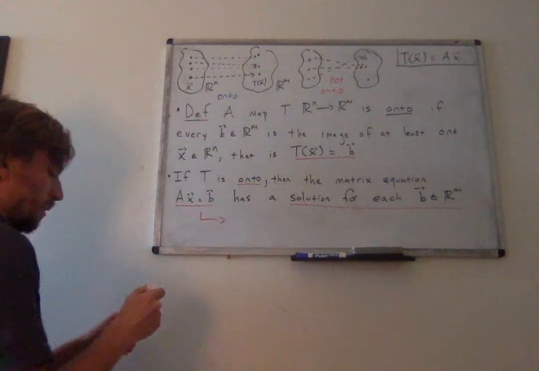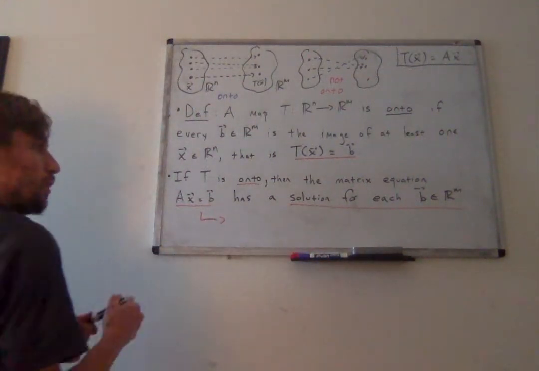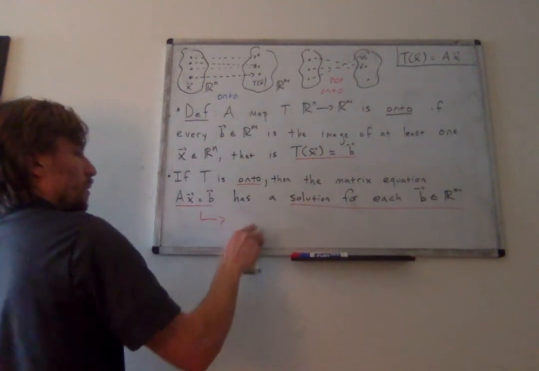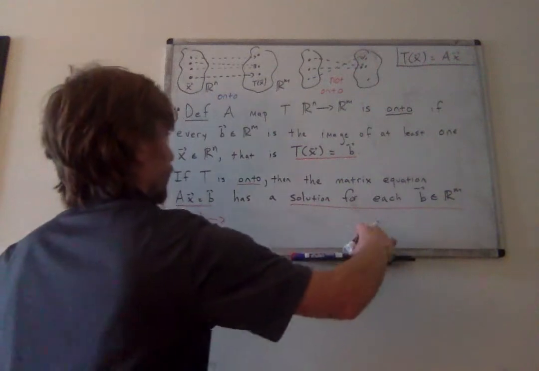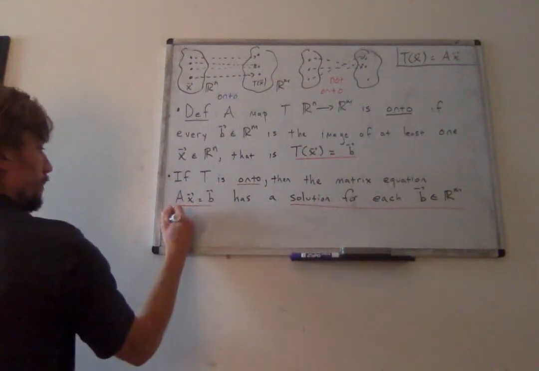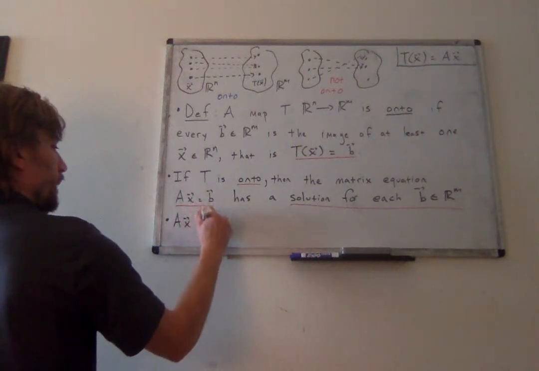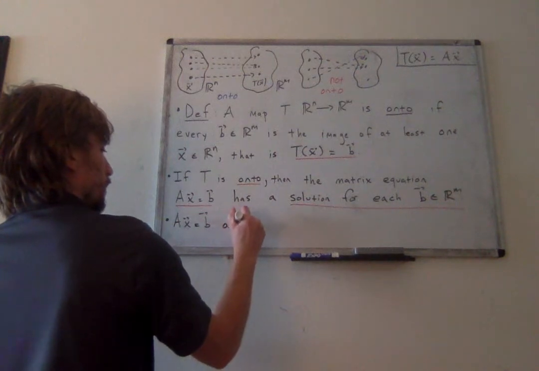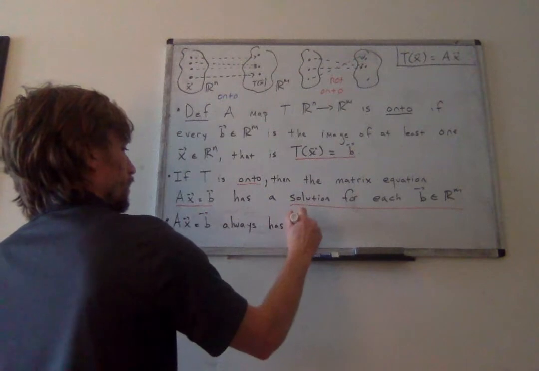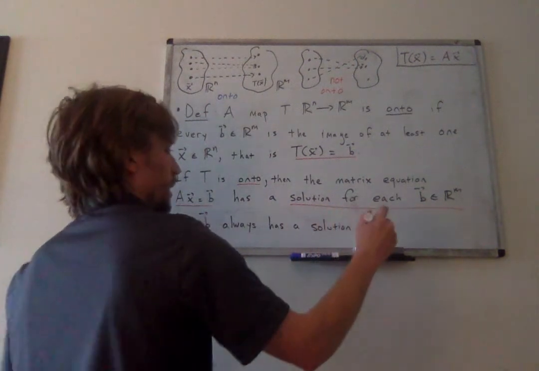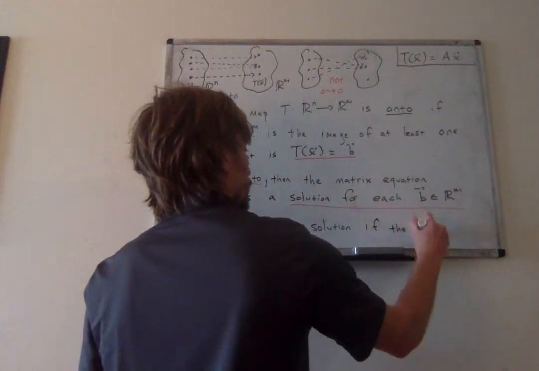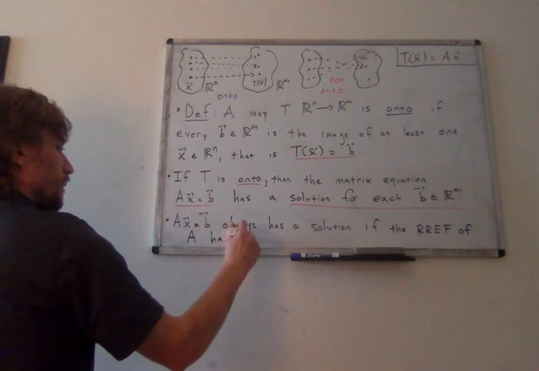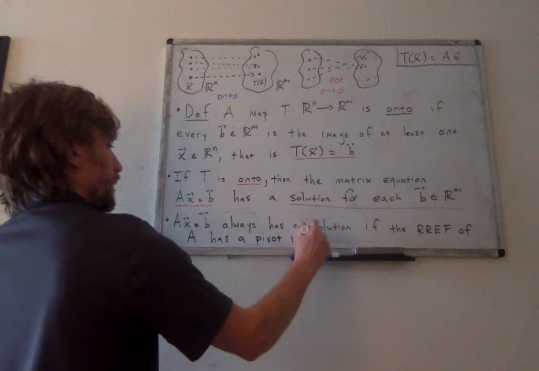So notice that this happens, that Ax equals b has a solution for each b in Rm, and I'll put this as a separate bullet point, Ax equals b always has a solution if the row-reduced echelon form of A has a pivot in each row.